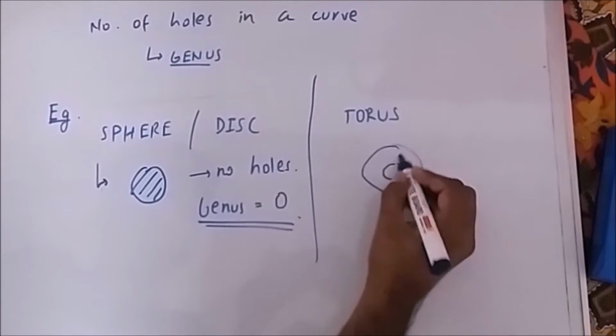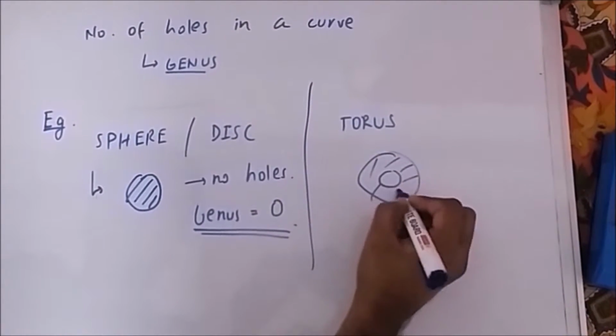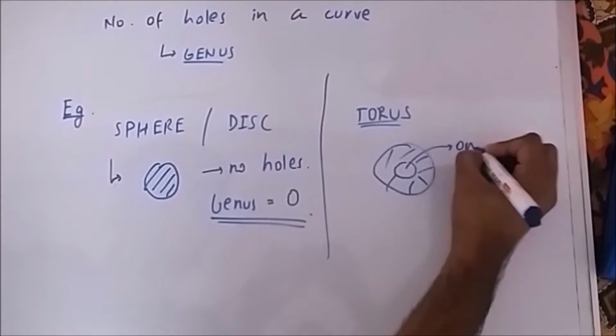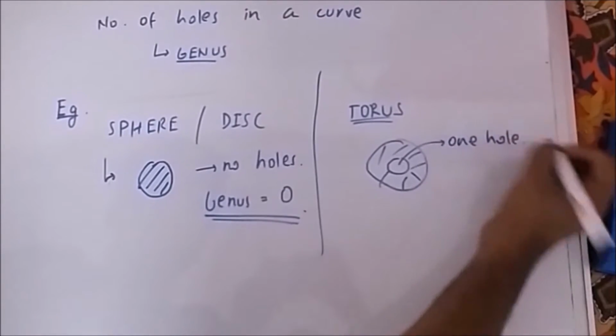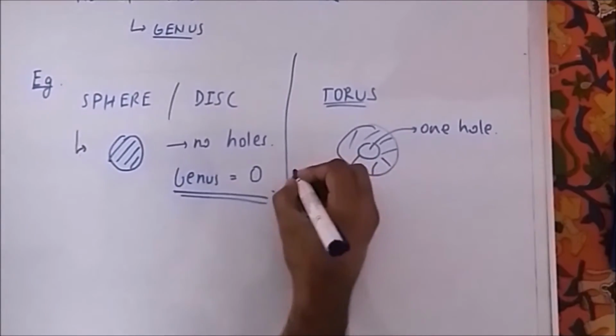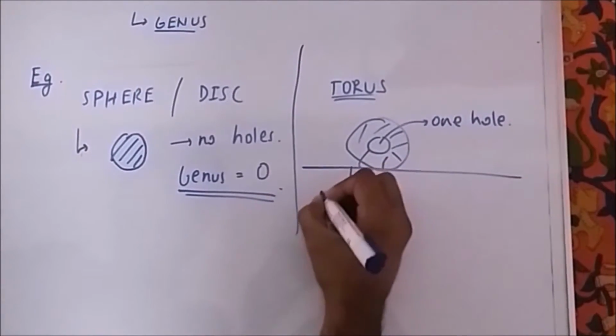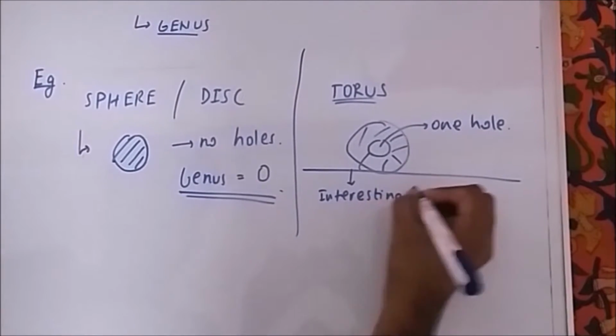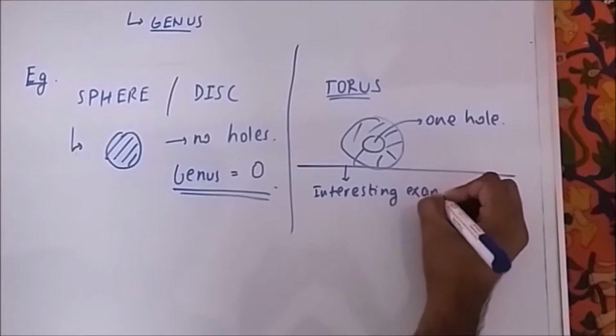Secondly, let's take an example of a torus, somewhat like this. Okay, so it has one hole in it. So this has a genus of 1. Well, genus is the number of holes in a curve. Very abstract terms here right now, but that's how we're going to proceed with this.